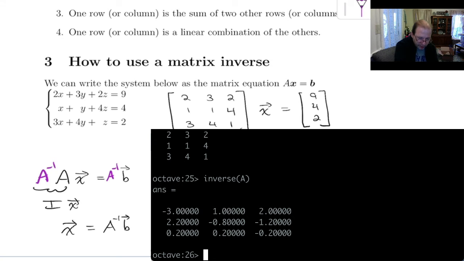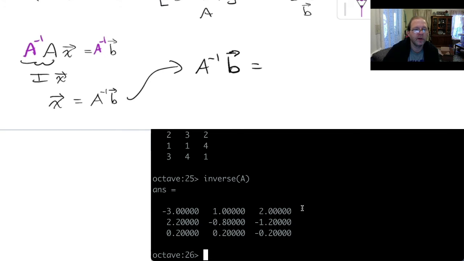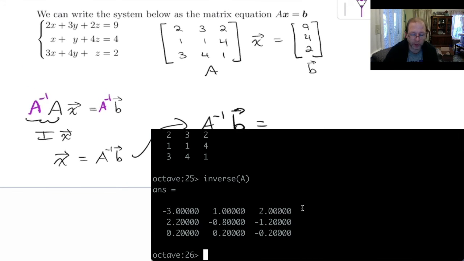So to solve this, what we could do is just do A inverse times b. But what was our b matrix? 9, 4, 2.